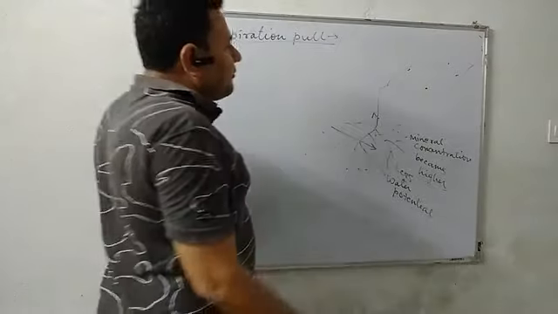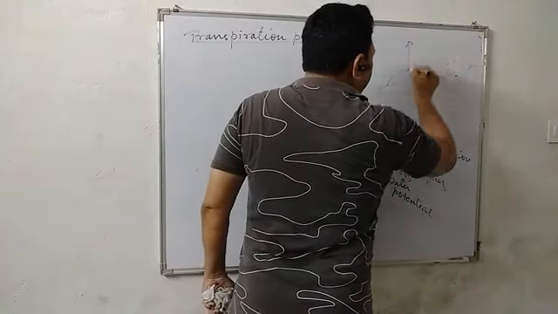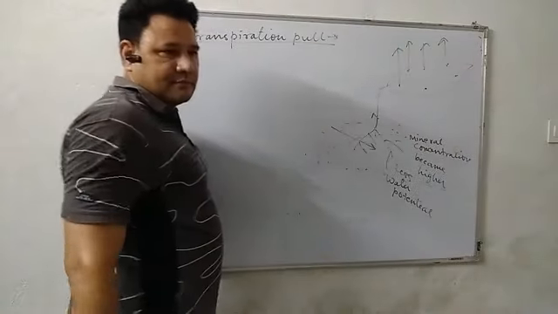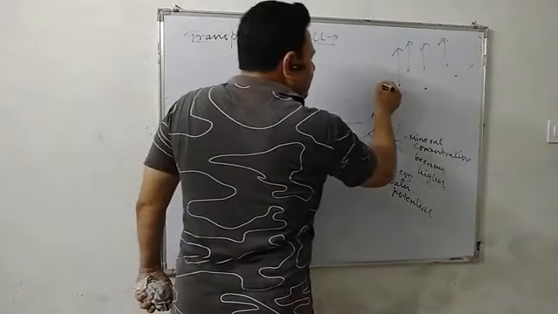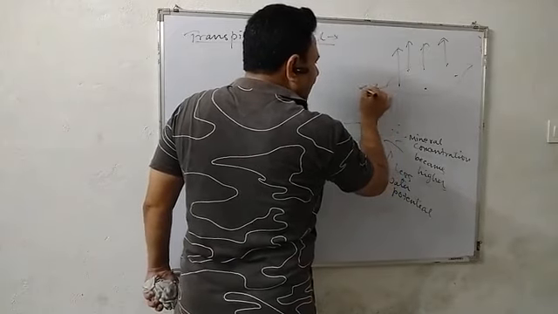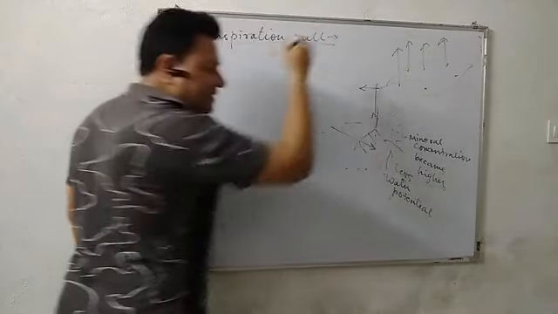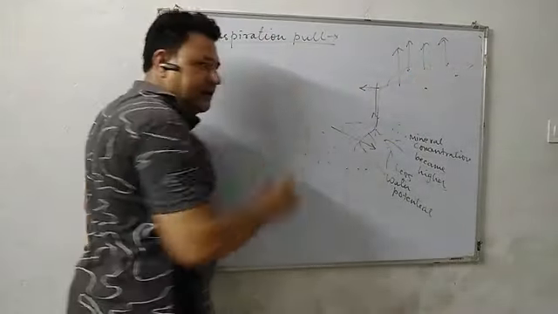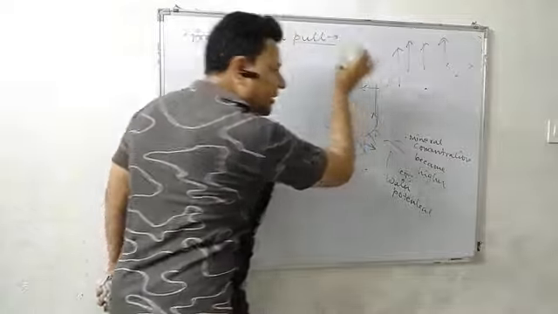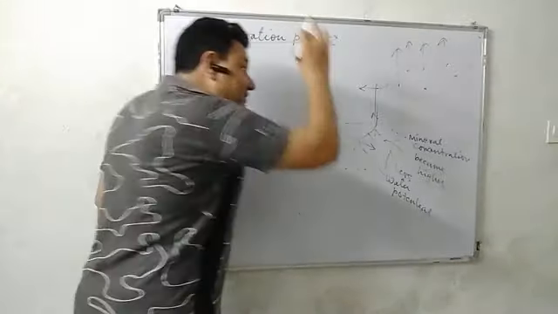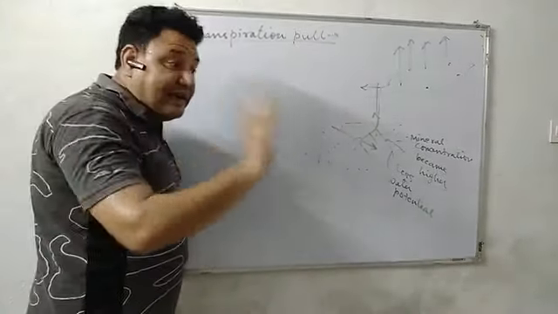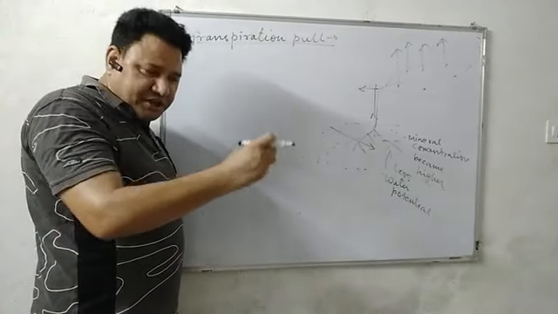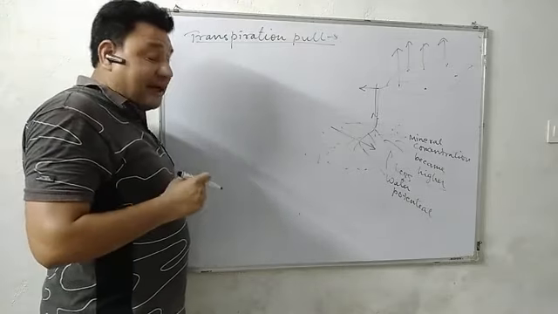So, from these leaves, when water escapes out in the form of vapor, definitely some deficiency of water will occur there in the stem. And this deficiency leads to develop a suction pressure.